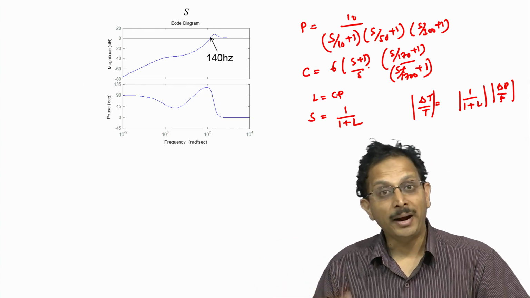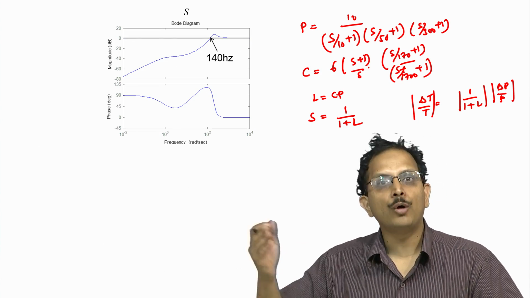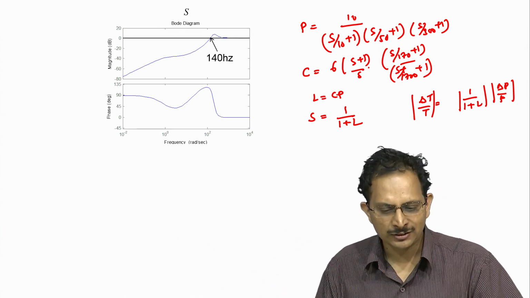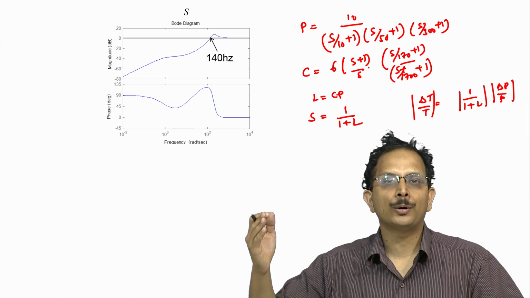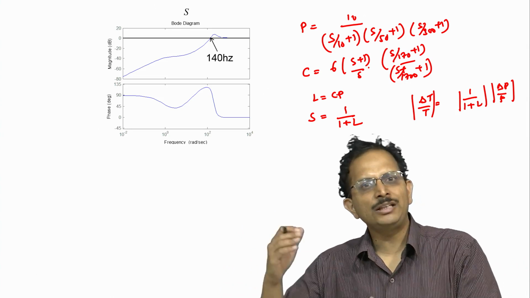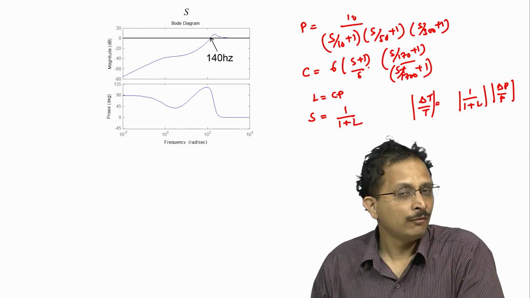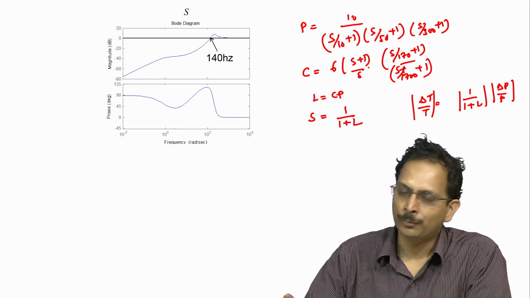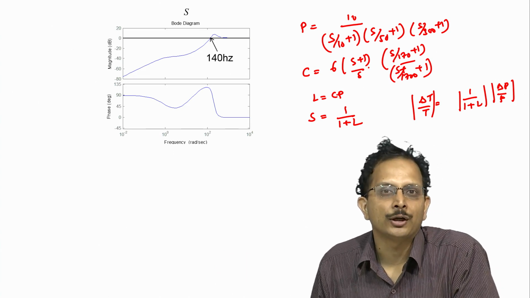Now, this might be okay provided 140 Hertz happens to be well outside the closed loop bandwidth of our system. If it is significantly to the right of the overall bandwidth of T of S, then we would not have any problems, because even if our closed loop system is more sensitive to variation in parameters in that frequency range, we are not interested in tracking performance or disturbance reduction there, so that sensitivity will not affect our system in any particular manner.